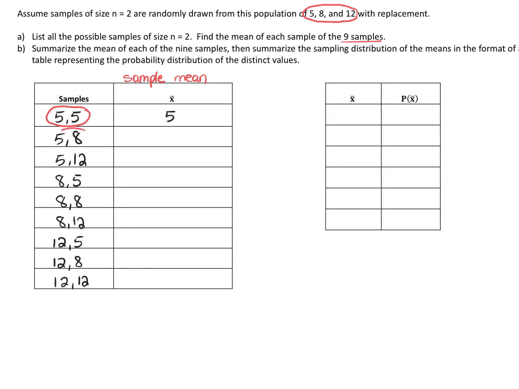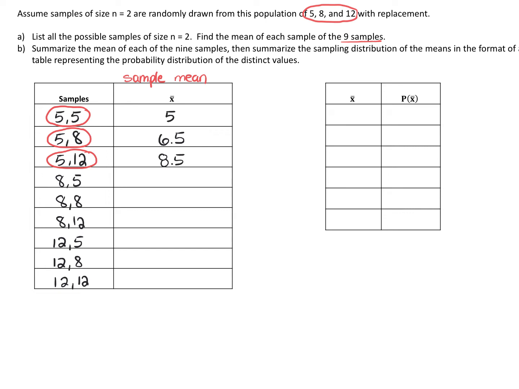If we get the second sample, 5 and 8, then the sample mean here will be 5 plus 8 divided by 2, or 6.5. If we keep going down the list here, if our sample contains the numbers 5 and 12, that gives us a sample mean of 8.5.